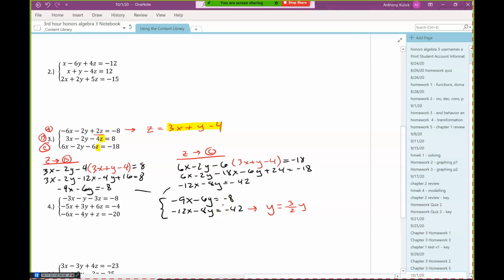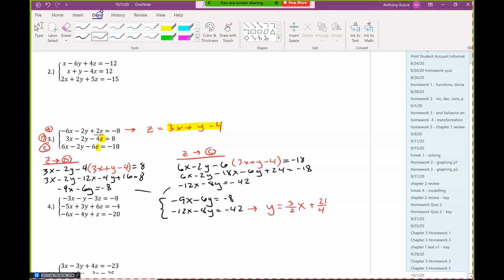And then -42 divided by -8 is positive, what's that, 6 times 7, so the 2 will cancel out of there, so 21/4. Oops, but that's supposed to be an x there. That's pretty gross looking anyways, but I guess that's the best we can do.